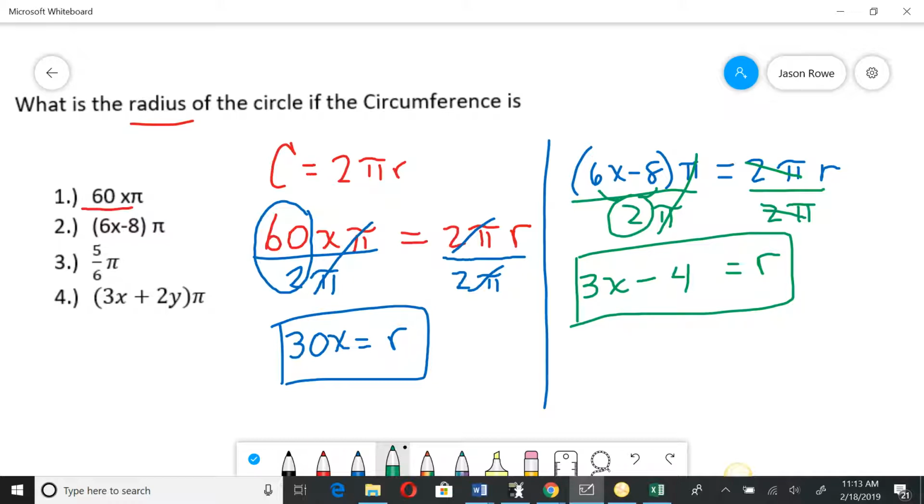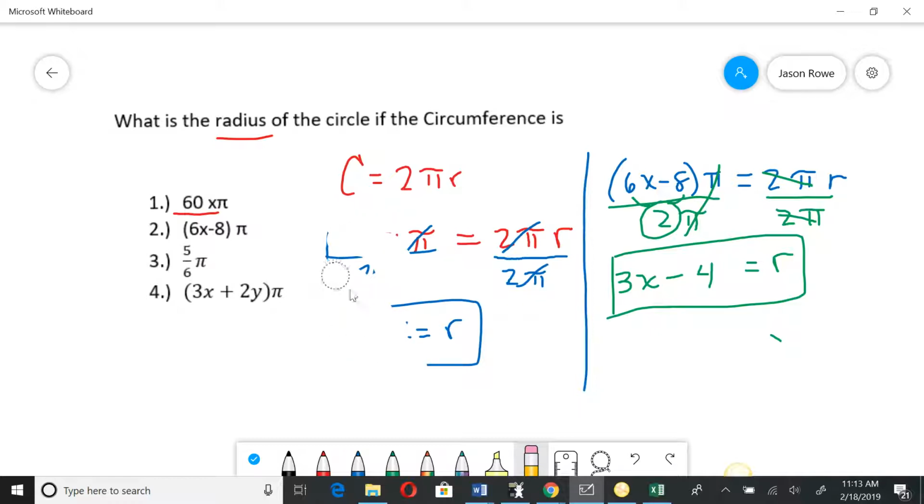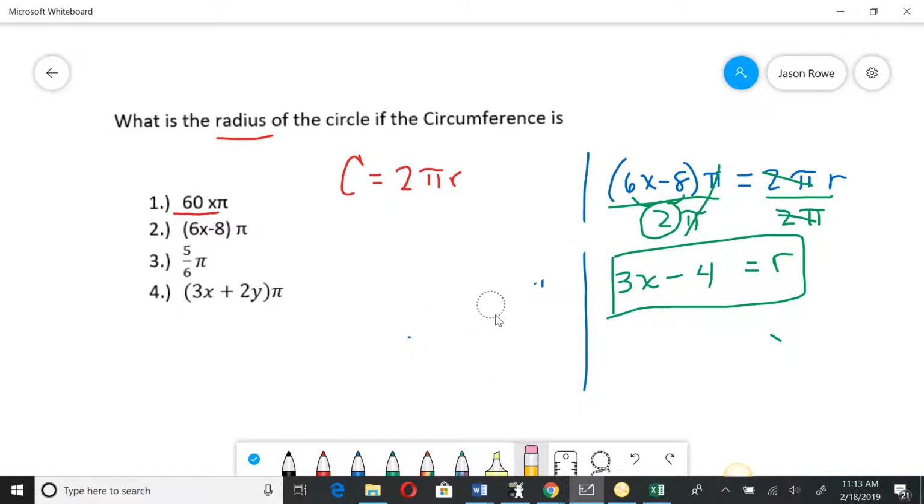All right, well, what happens when you're given a fraction, like 5/6 pi right here? Nothing really changes. I'm going to erase this one to get it out of the way so I can have some space here. You can go back and take a look at it so you don't really need to see it the whole time.